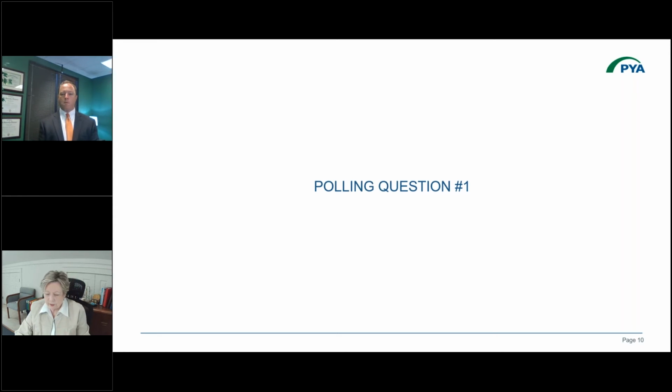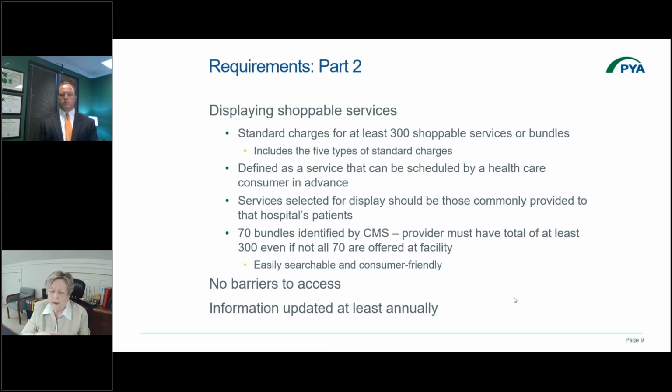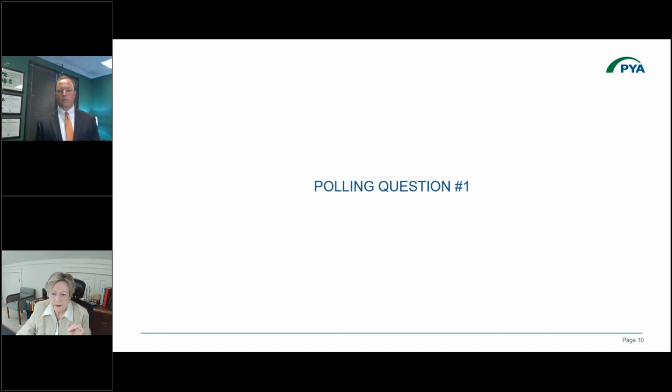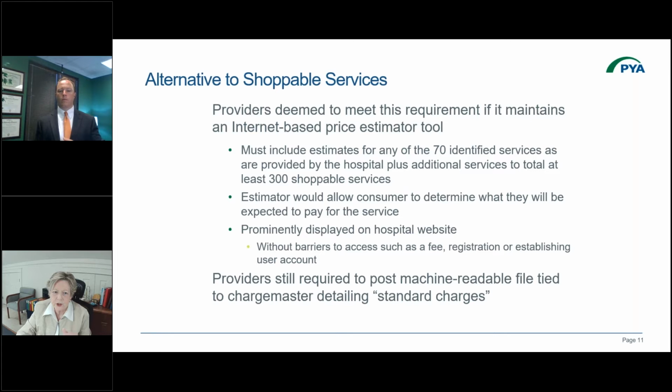The alternative that we talked about to shoppable services was that, let's go on here. Okay, went the wrong direction. Was that you could post an internet-based price estimator tool.